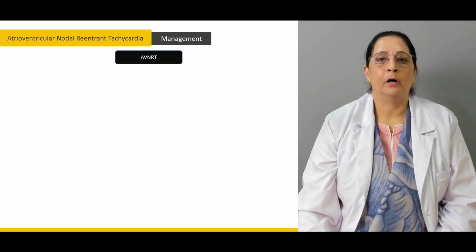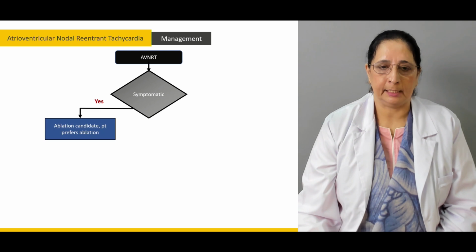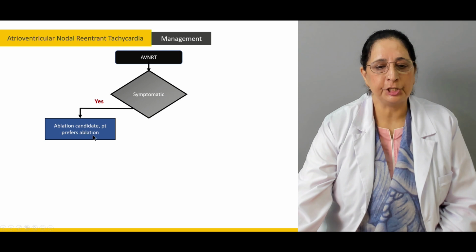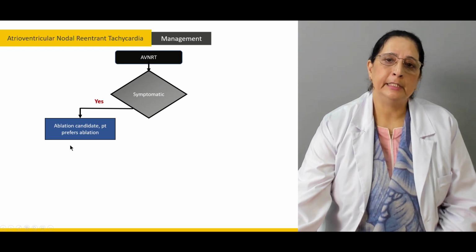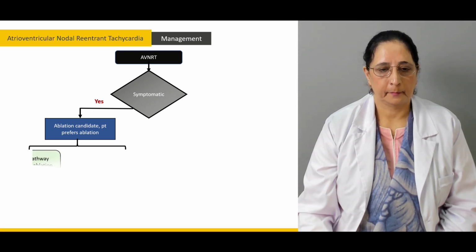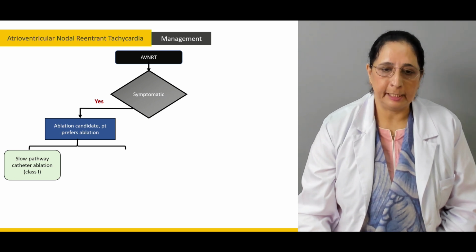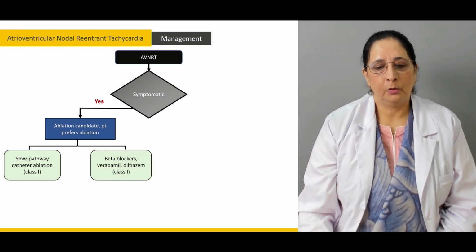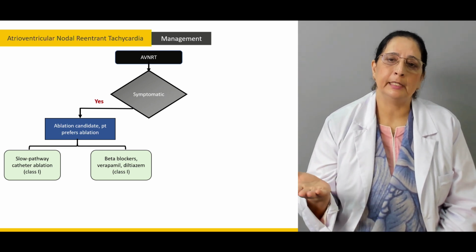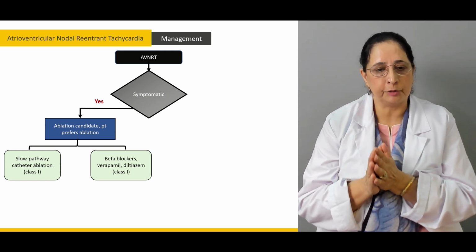The management of this condition: if the patient is symptomatic, we should go for ablation. Usually the patient prefers ablation. Slow pathway catheter ablation, or we should go for beta blockers, verapamil, diltiazem, which are calcium channel blockers. We should go for these types of antiarrhythmic drugs.